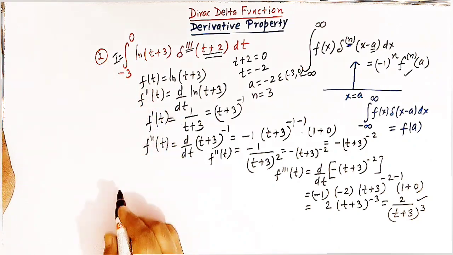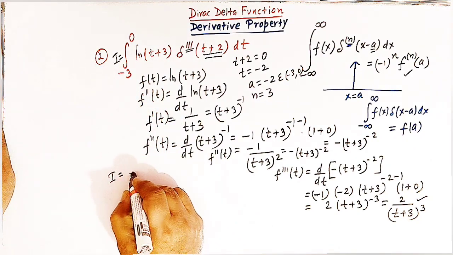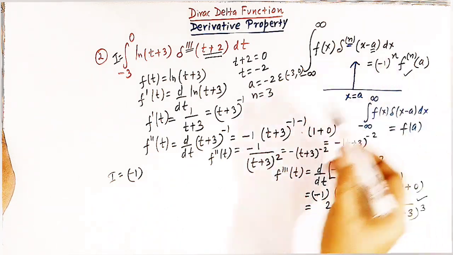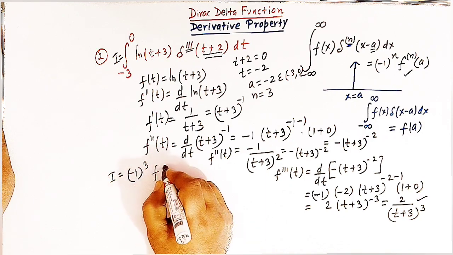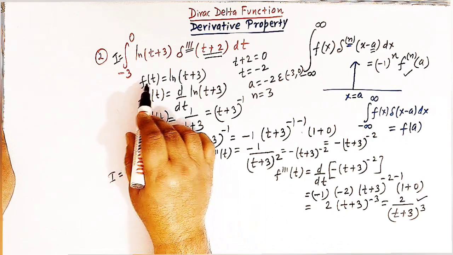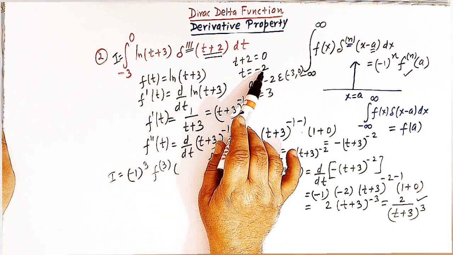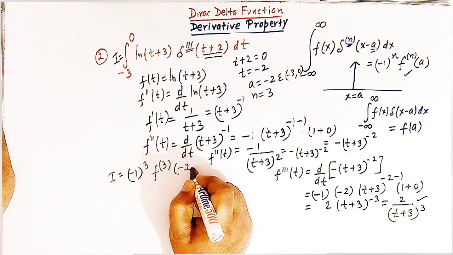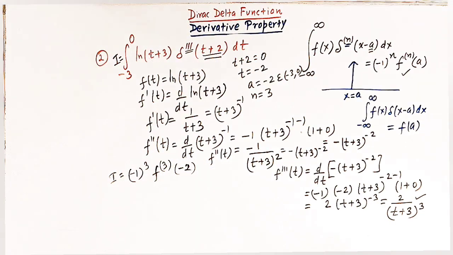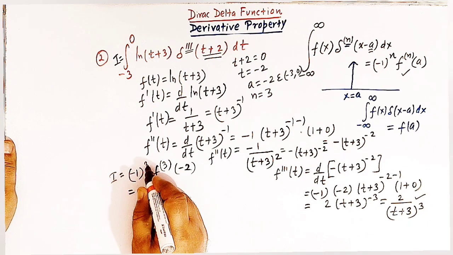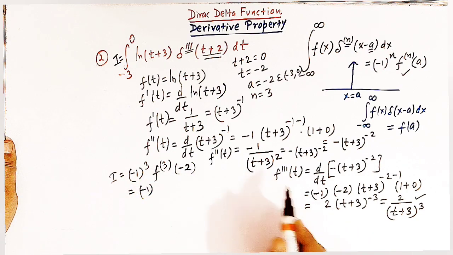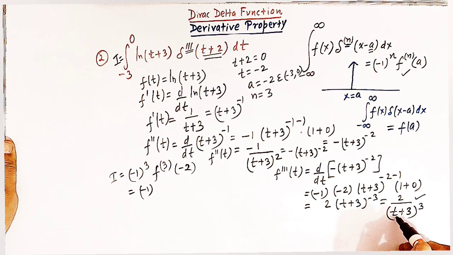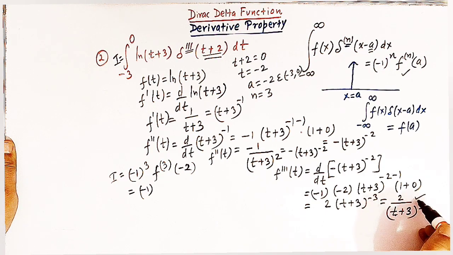So now the value of this integral I is equal to minus 1 raised to n, n is 3, and then we have the third derivative of f of t evaluated at this point, that is minus 2. So now minus 1 raised to 3 is minus 1, and the third derivative of f of t at this point minus 2 can be obtained by taking t equal to minus 2 in this expression.